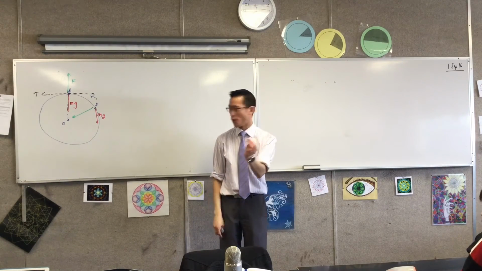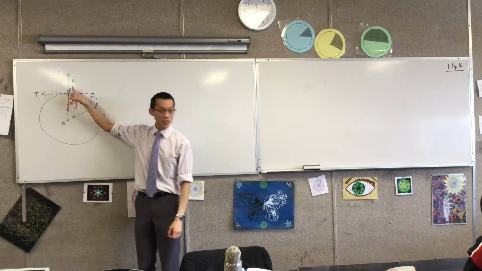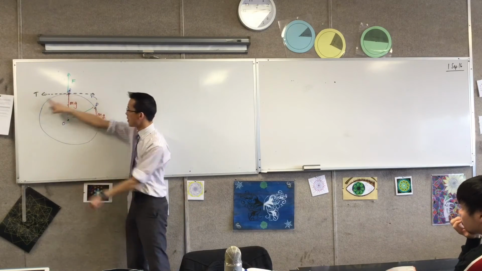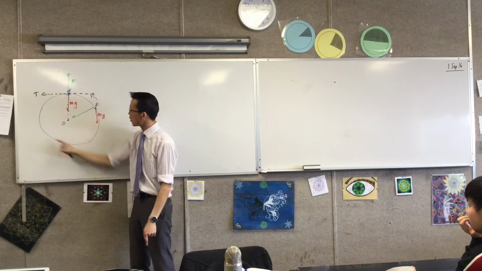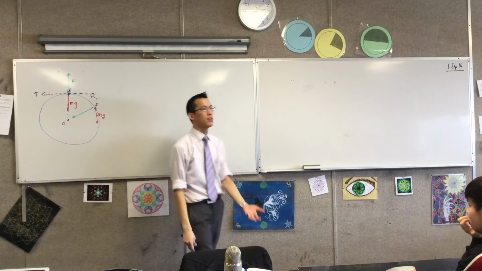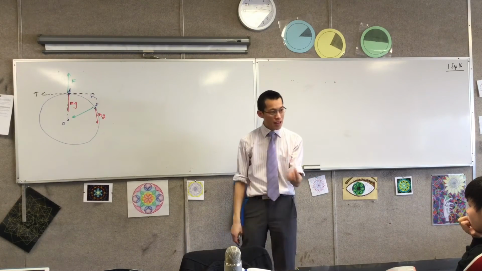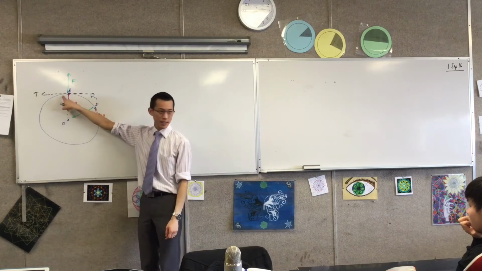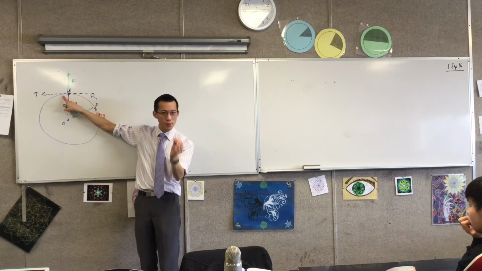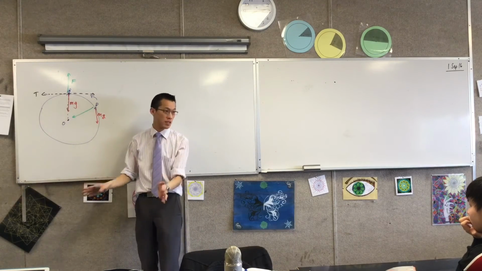So what the astronaut's going to experience is, remember, he's going around here, and from the perspective of the tangent, he's not moving, right? So if he's not moving, there must be balanced forces, right? There must be net force 0, okay?